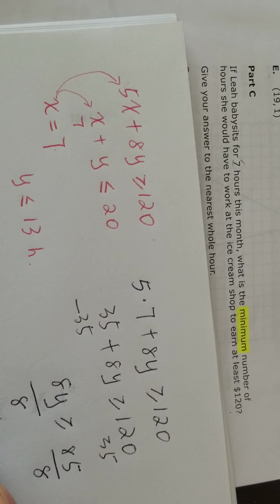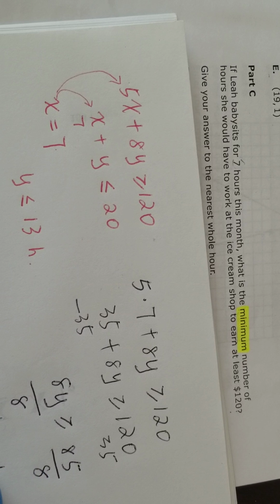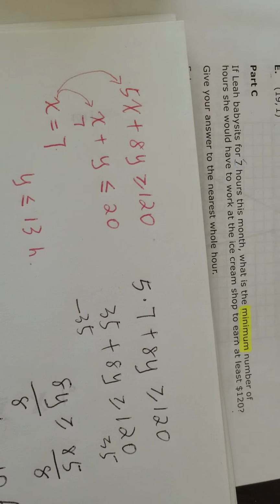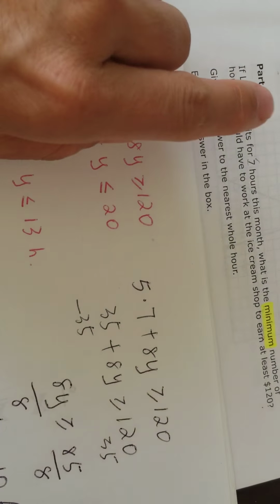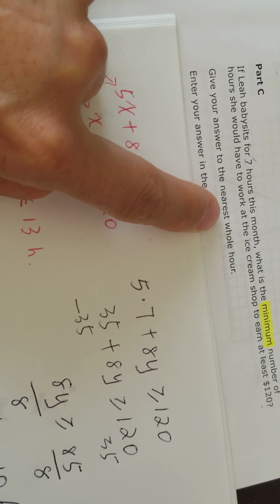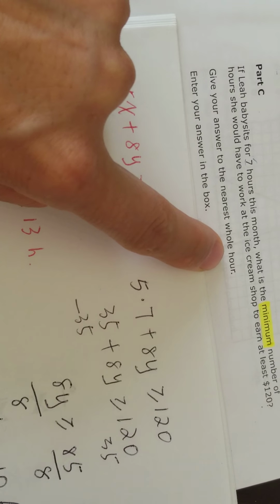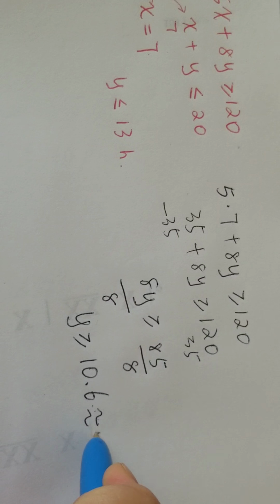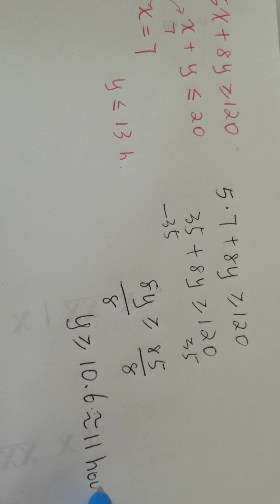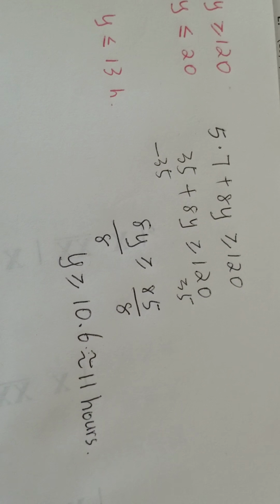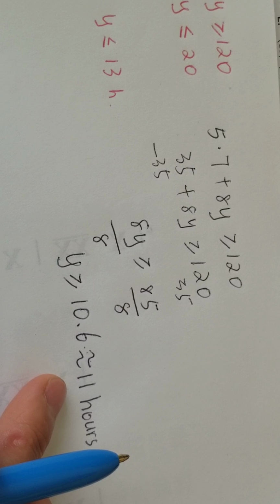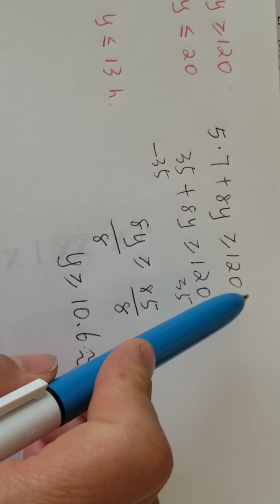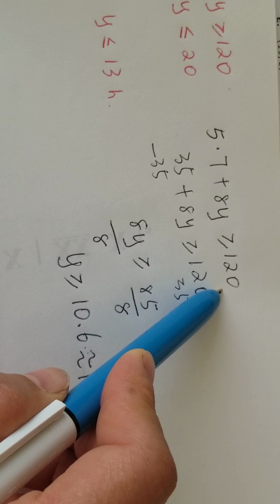We have y must be greater than or equal to 10.6 and some more digits. And read the question. It says, give your answer to the nearest whole hour, so we can round it to 11 hours. Which means Leah must work at least 11 hours to meet the minimum monthly payment.